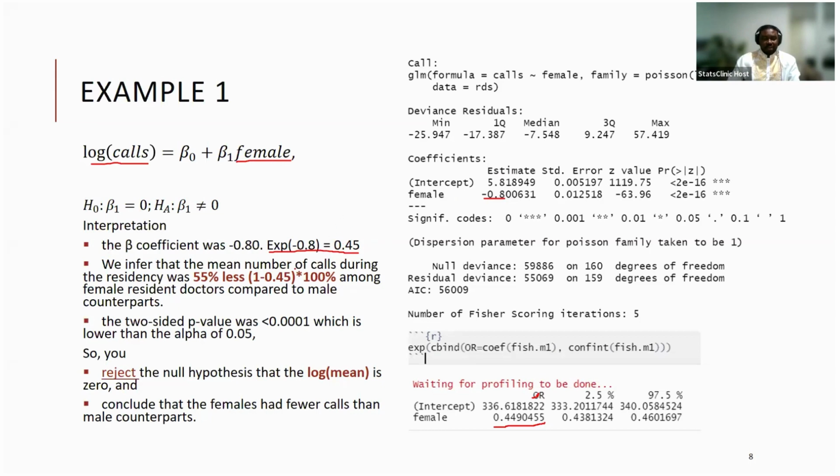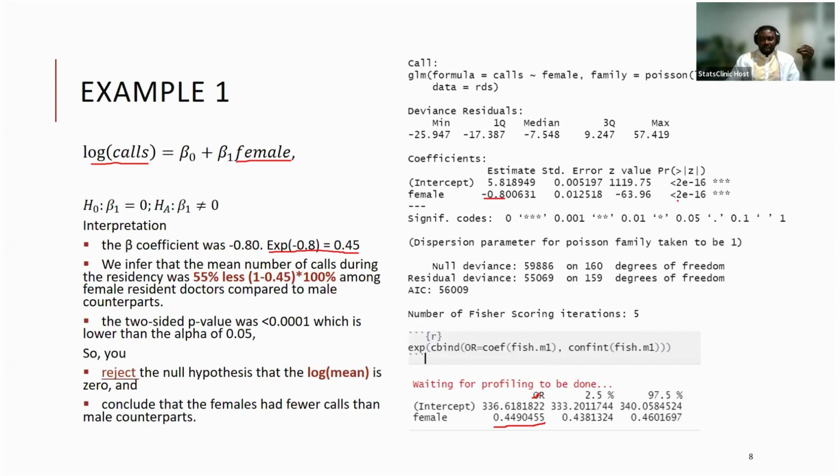The 0.45 tells us, because it's less than 1, that the number of calls that the females had was 0.45 times that of males, which is also 55% less compared to males. All right, so that is how you interpret this Poisson regression.